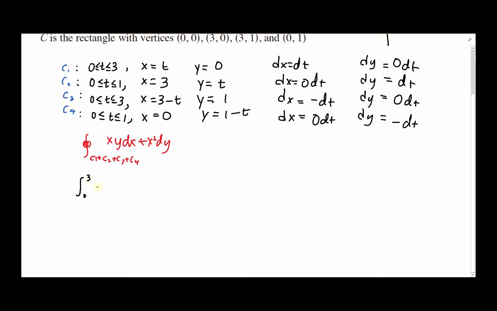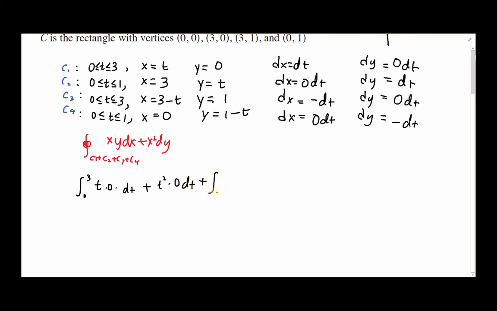So just copy that down, and then x is what? x equals t, and y is 0. So everything in this term will go to 0, but I'm just going to complete it for you. So when you look for the dx, it just becomes dt, plus x squared, t squared, but then our dy is 0, so everything just cancels out for our C1.